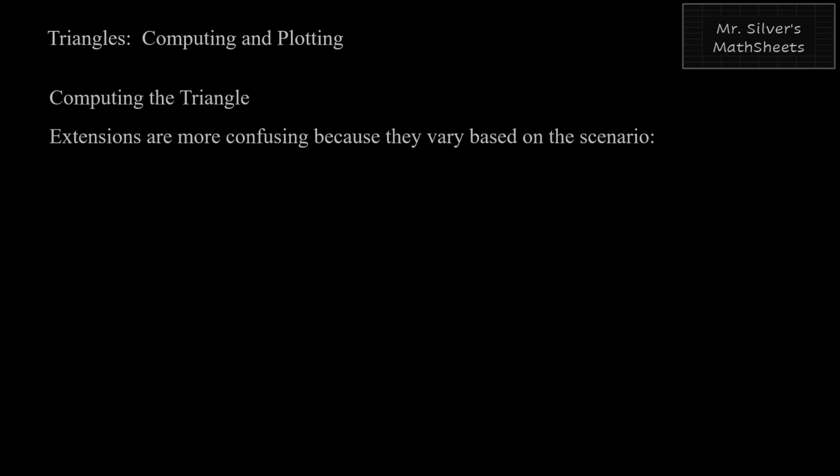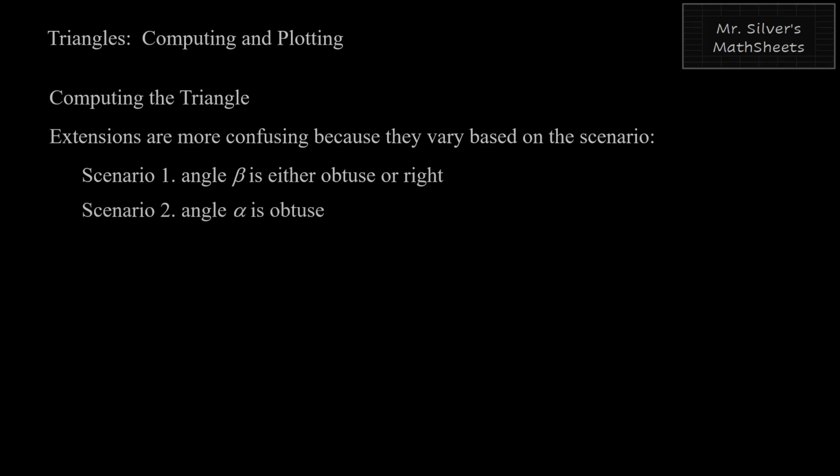So computing the triangle, extensions are more confusing because they vary based on the scenario. And we'll look at the 4 scenarios. Scenario 1, angle beta, which is the left angle, could be obtuse or right. Scenario 2, angle alpha is obtuse.